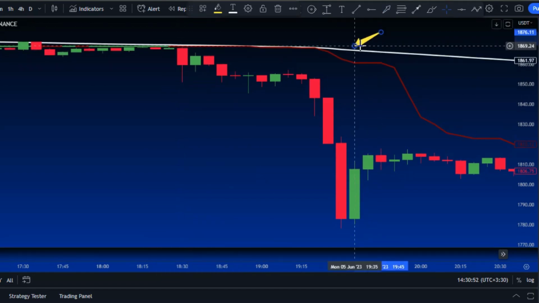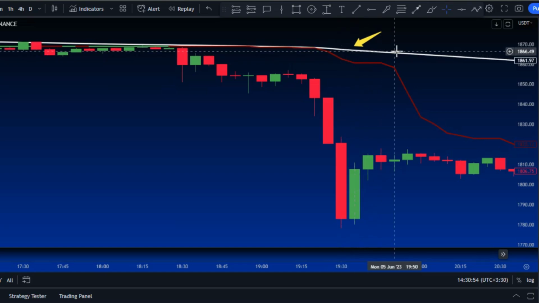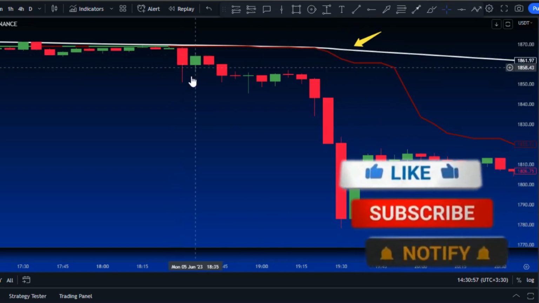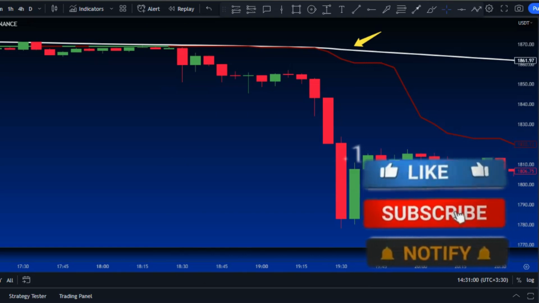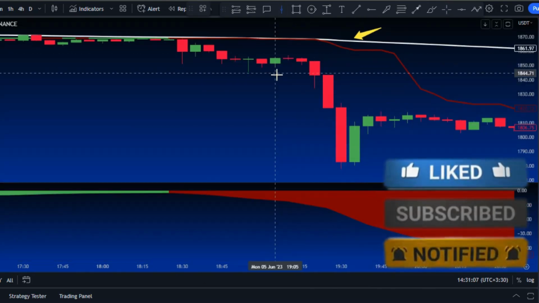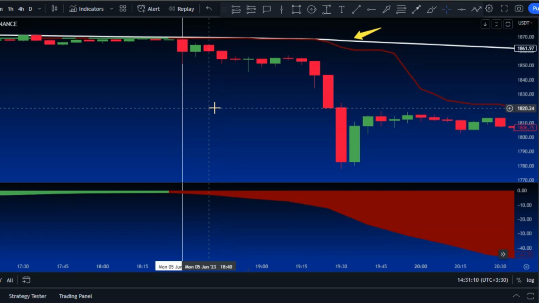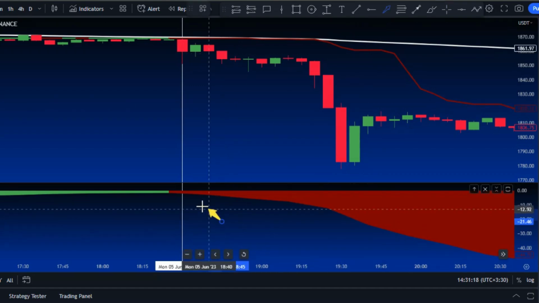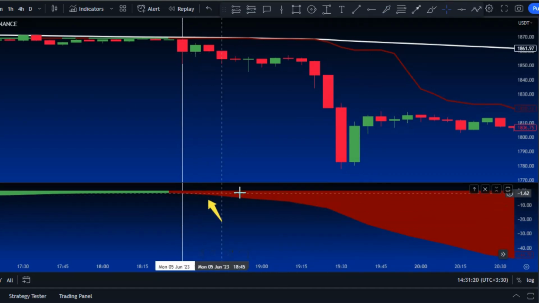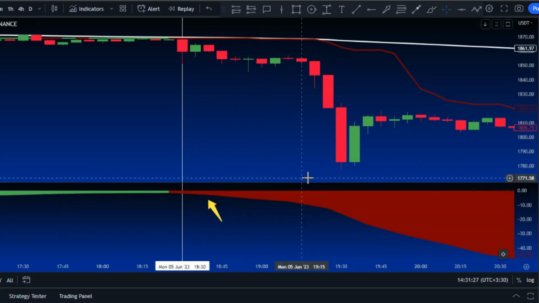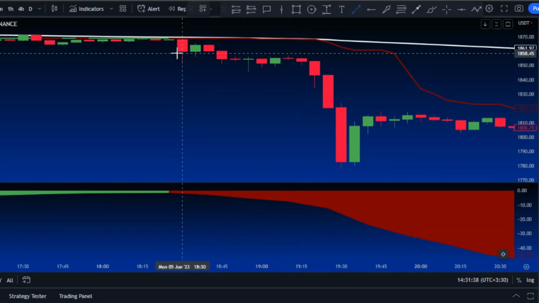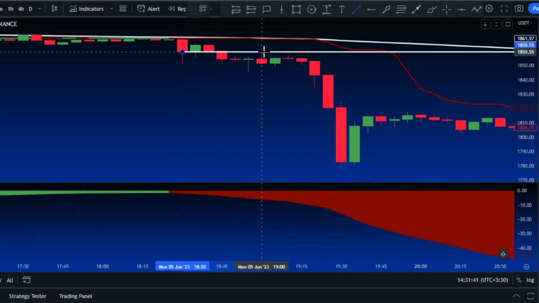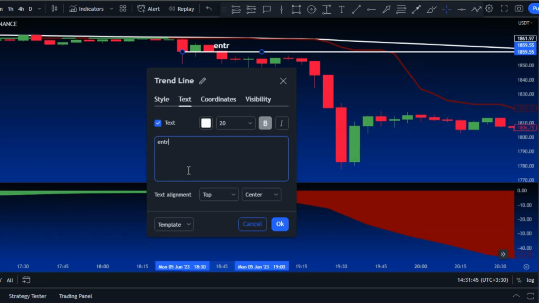Make sure the signal candle is also below the 145 period moving average line, so our trade is in the direction of the trend. Lastly, AO needs to be red to confirm the sell signal. Now you can enter a short trade at the close of the signal candle once the signal is validated.